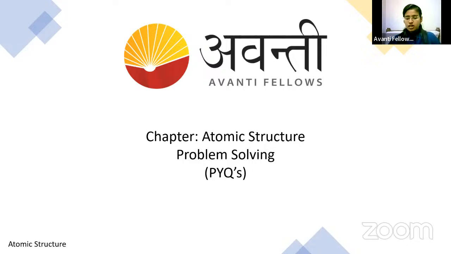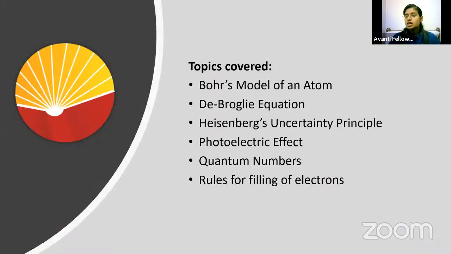The topics we are going to cover are Bohr's model of an atom, de Broglie equation, Heisenberg's uncertainty principle, photoelectric effect, quantum numbers, and some rules for filling of electrons.